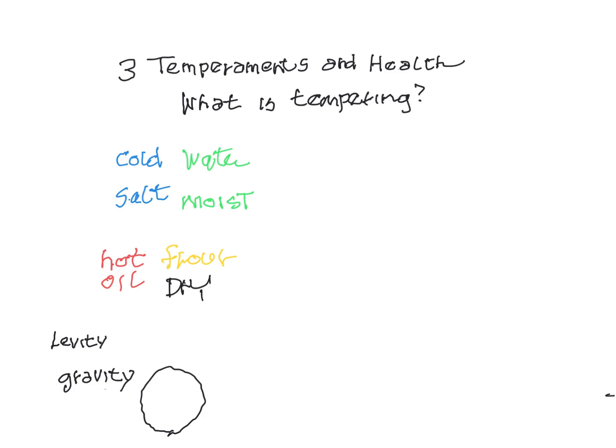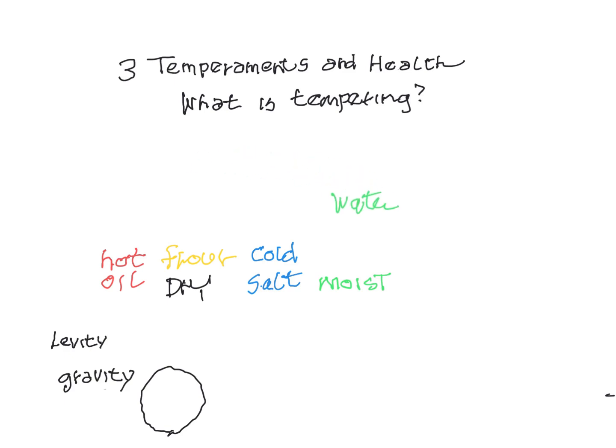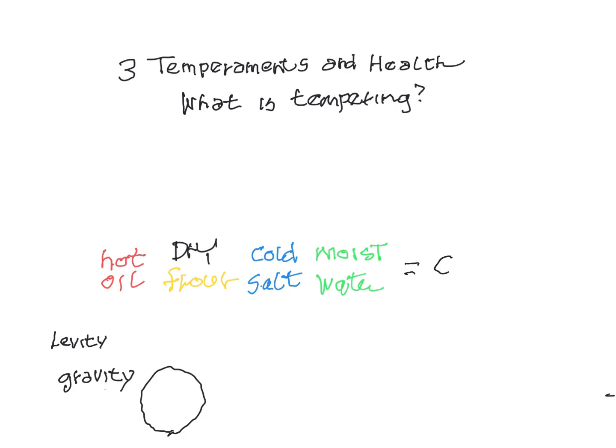When I mix them together, then I can add some salt to that, and that allows that hot mixture to have a capacity to unite with the water element. I have hot, dry, cold, moist, oil, flour, salt, water in a sequence, and when I get done, I have gravy.